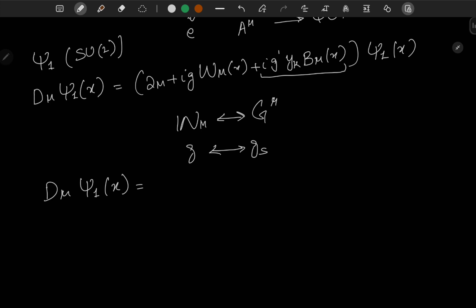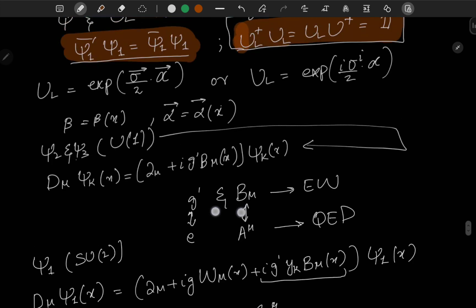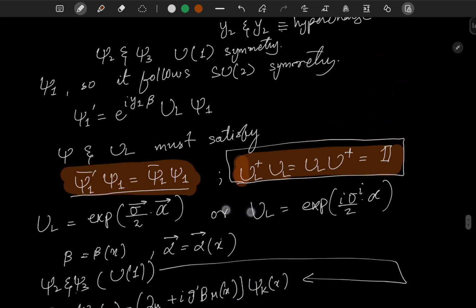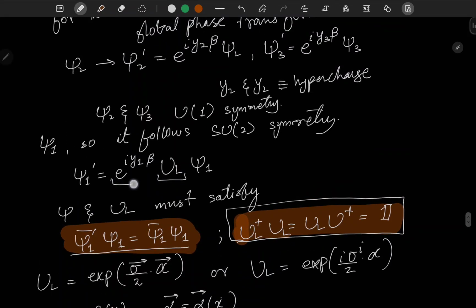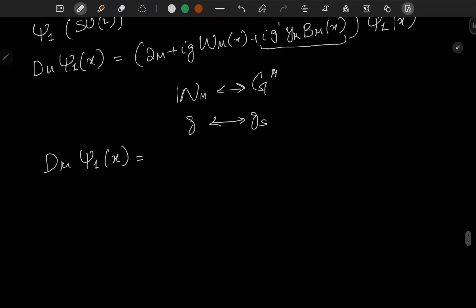For psi 1 we have U(L) and two pieces, so it will be written like this: e to the i y1 beta of x, and for U(L), e to the i sigma divided by 2 dot alpha of x, D mu psi 1 of x.